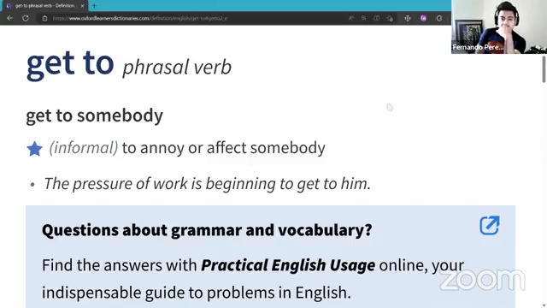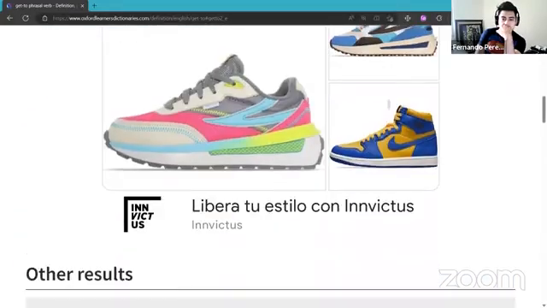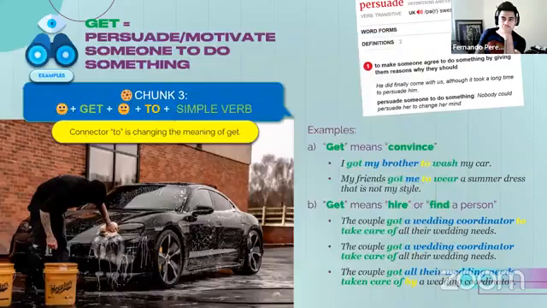So no, this is not the one. No, it's not a phrasal verb, brother.